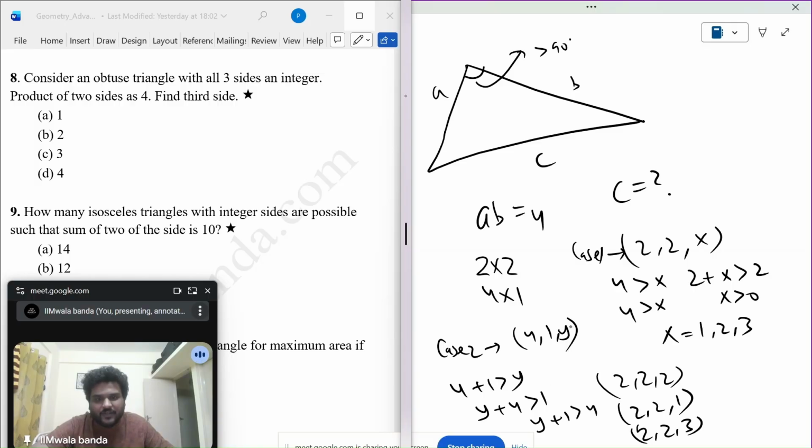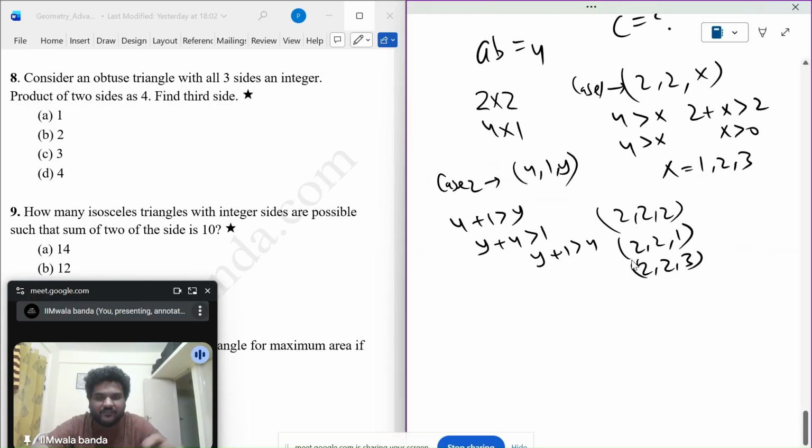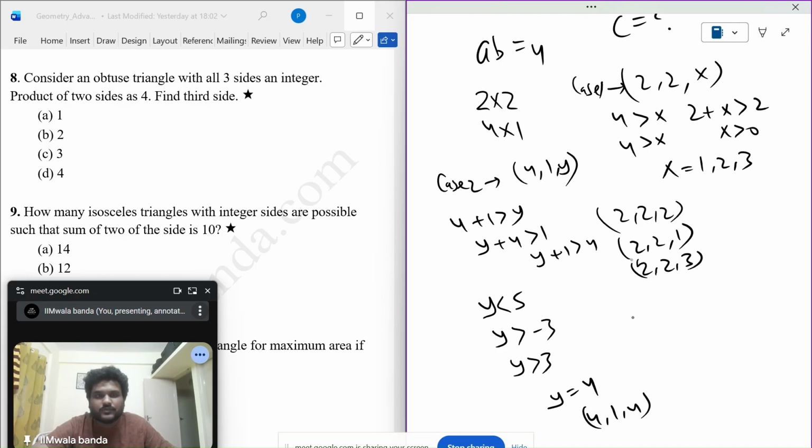So we get from this that y should be less than 5. From here we get y should be greater than minus 3, and from here we get y should be greater than 3. So between 3 and 5, y can only be 4. So the only case is 4, 1, 4. So 1, 2, 3, 4 cases I'm getting. So third side should be what?